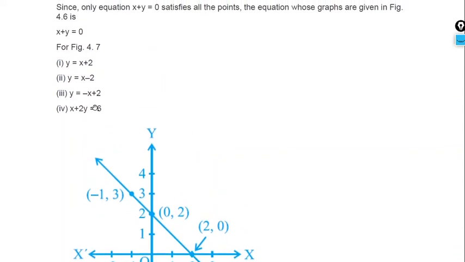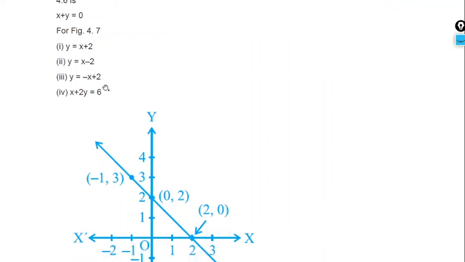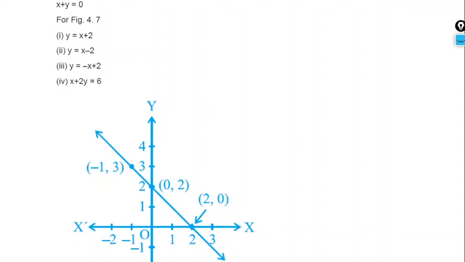Now if this equation is not satisfying this point, then please try the others: III, II and I. Check whether any of these equations is satisfying or not. I'll do it for you. Check y equal to x plus 2. Check one of the points, minus 1, 3.